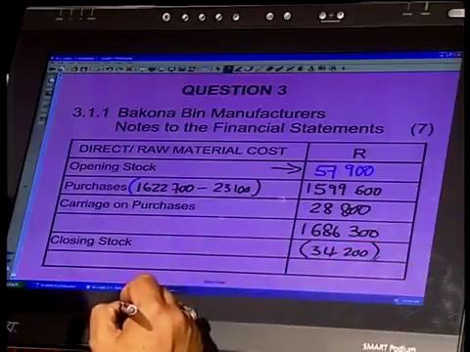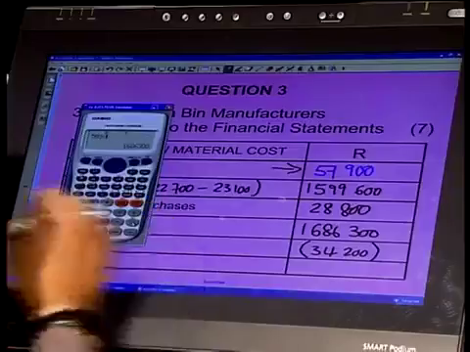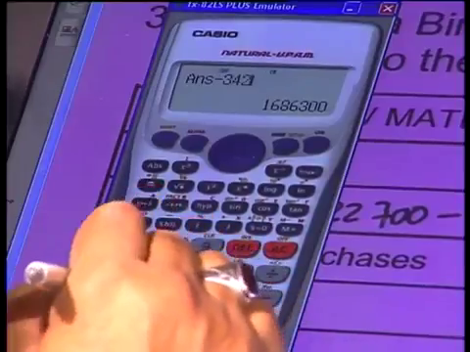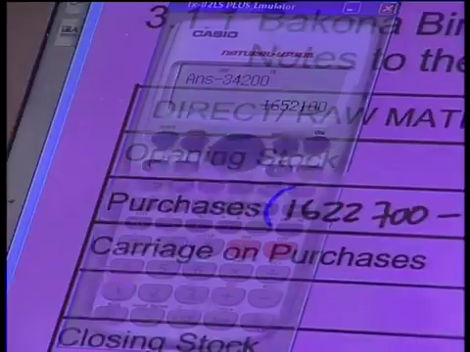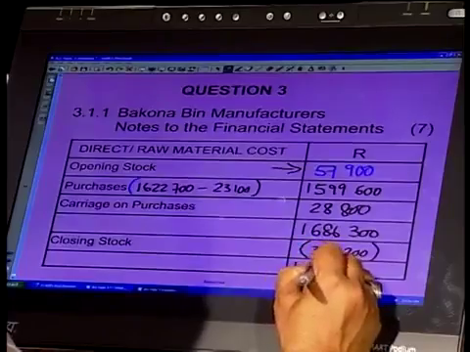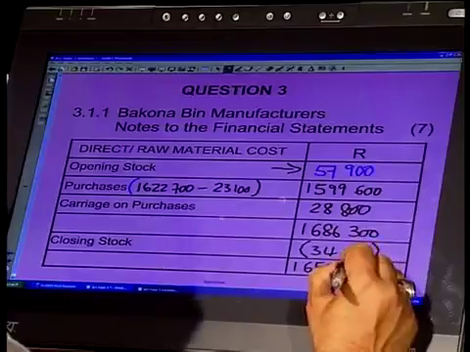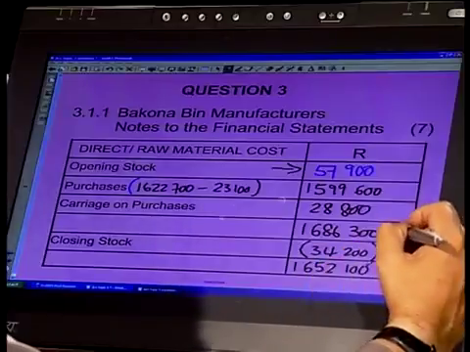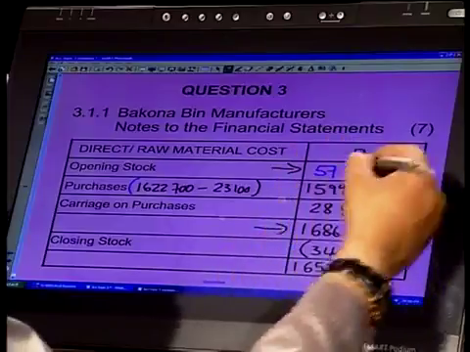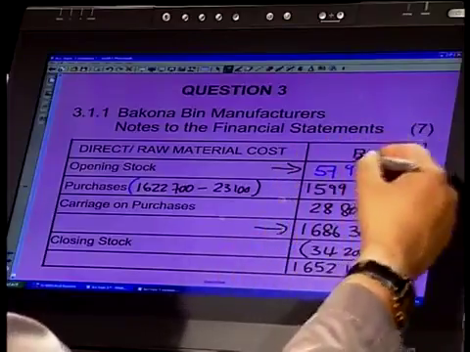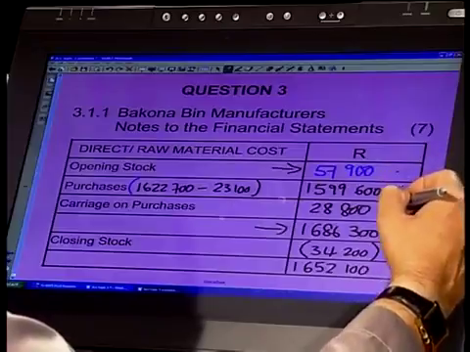Closing stock, 34,200. Because I'm subtracting, I indicate the figure in brackets: minus 34,200 will give me 1,652,100.